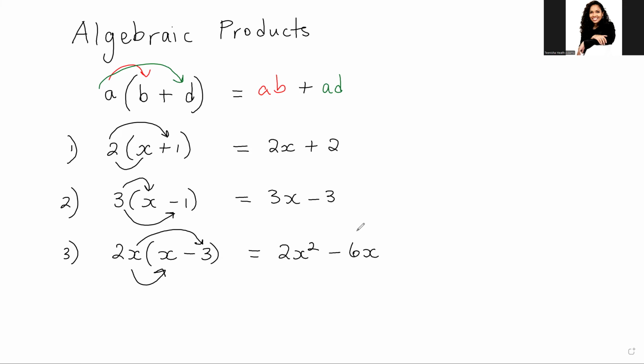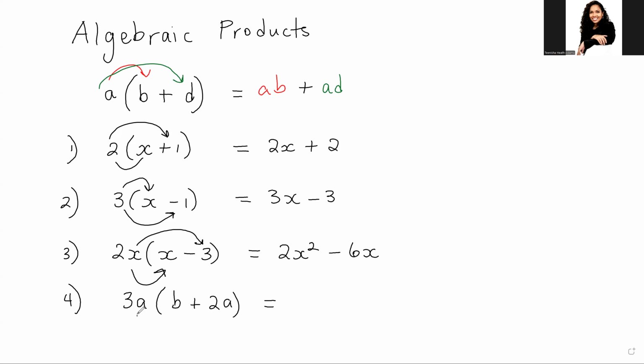And to do it, you multiply the term on the outside by each term on the inside. Okay, let me do one more example and then I'm going to give you all some to try. So let's say I had 3a times b plus 2a.